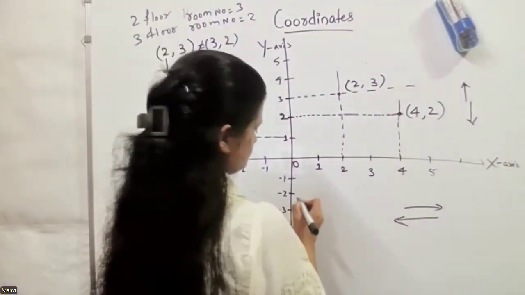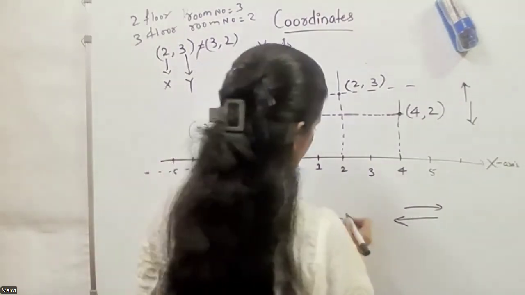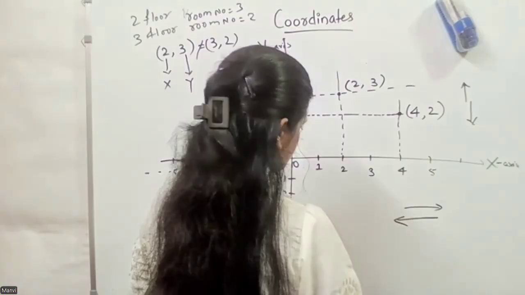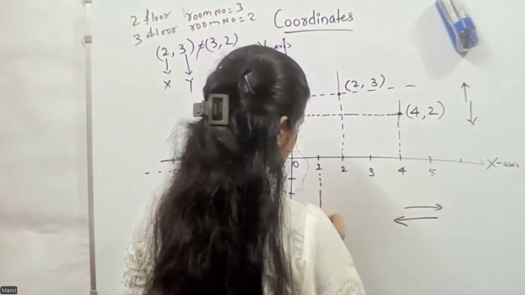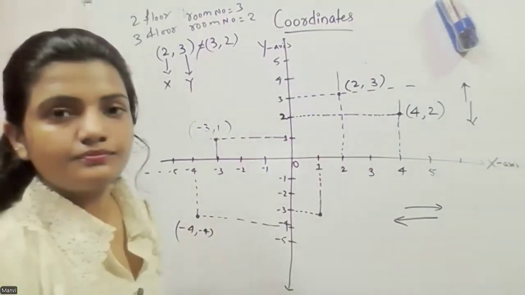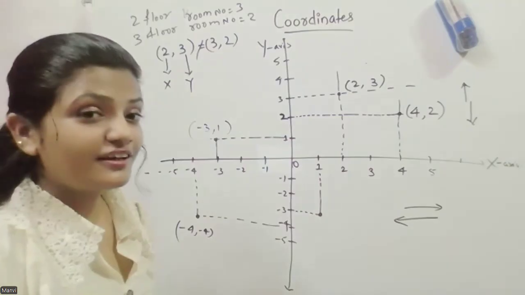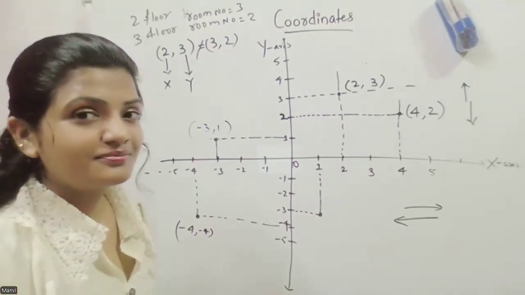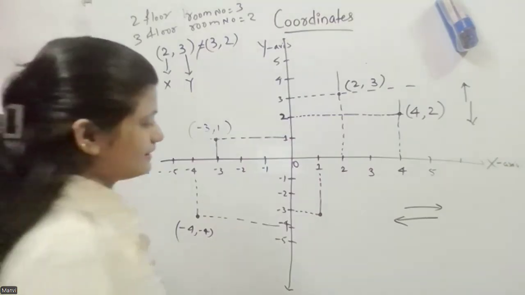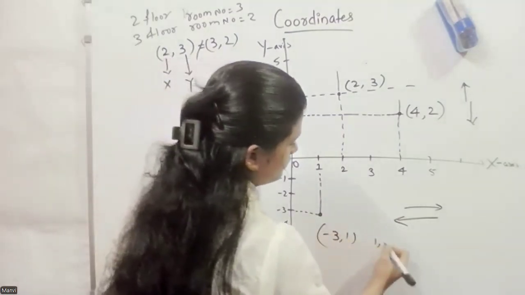Now, coordinate of this point. Is it minus 3, 1? Sorry, is this minus 3 comma 1 or 1 comma minus 3?